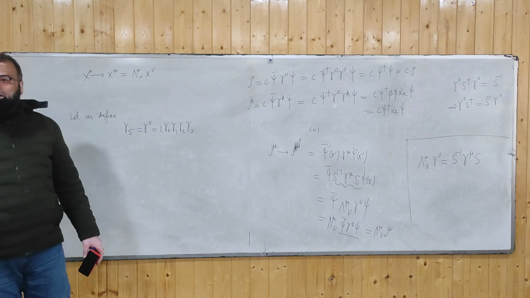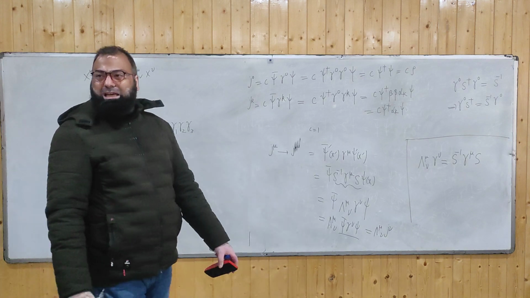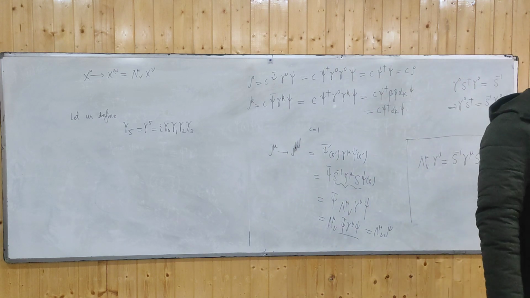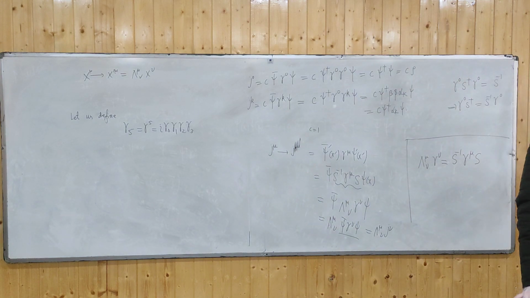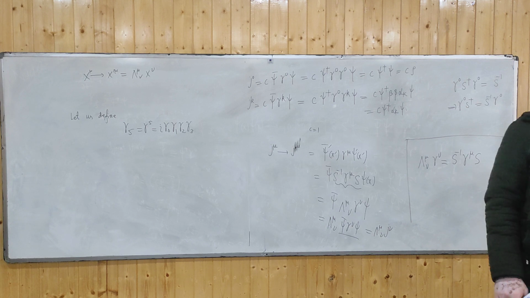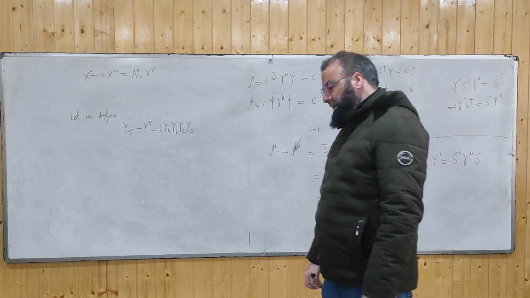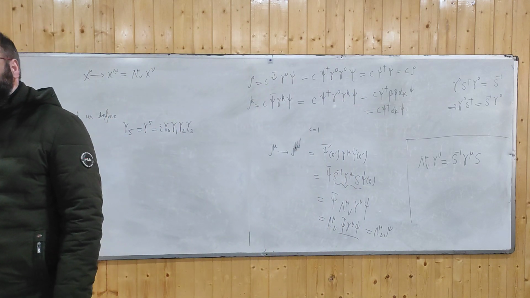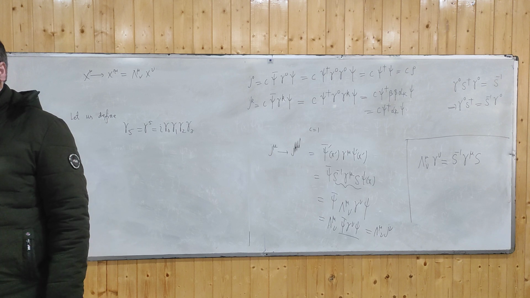Let's define another gamma matrix, what we call the gamma phi matrix. It's sometimes known as the chiral matrix. This matrix has its importance when we take parity transformations in a given interaction.